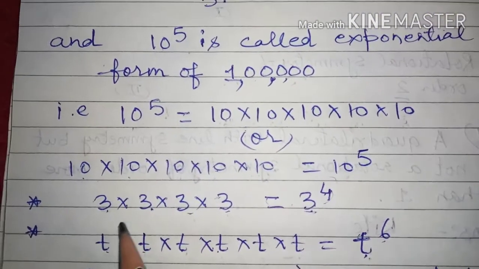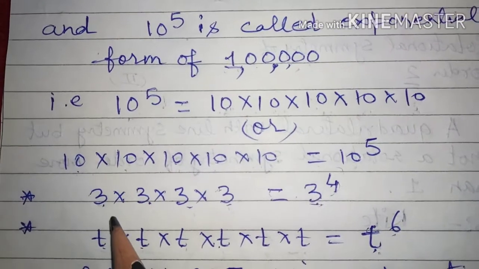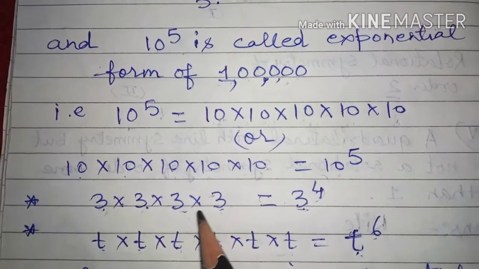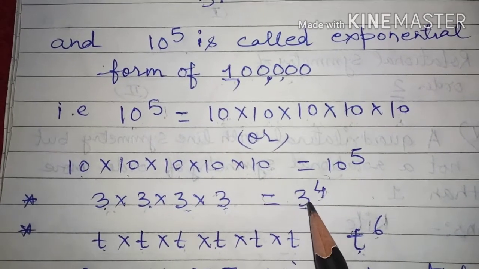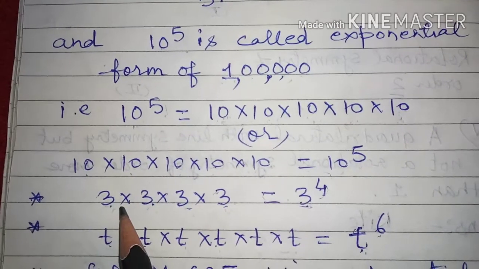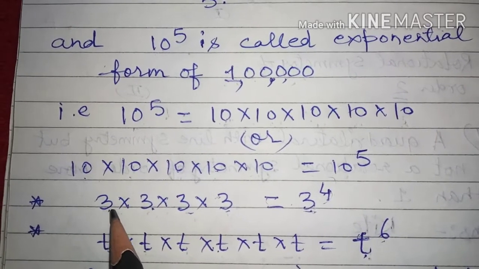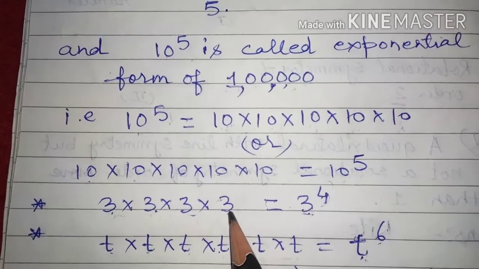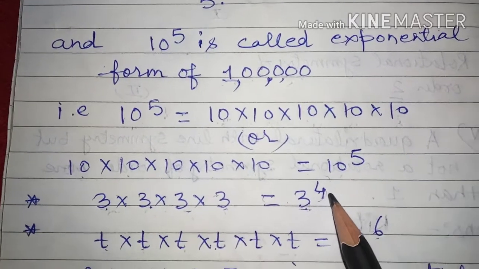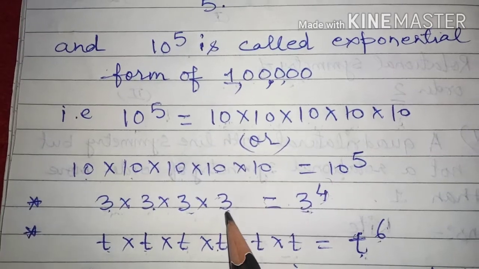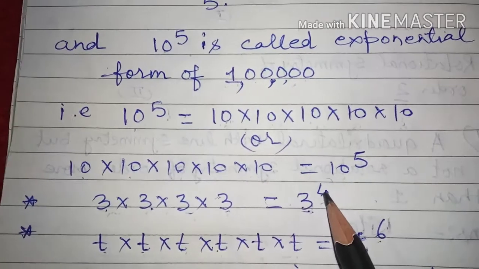The same thing is here for 3 into 3 into 3 into 3. So 3 will be the base, and how many times are we multiplying 3? Let me count, 1 2 3 4. 4 times, so its exponent will be 4. So 3 into 3 into 3 into 3 equals 3 power 4.